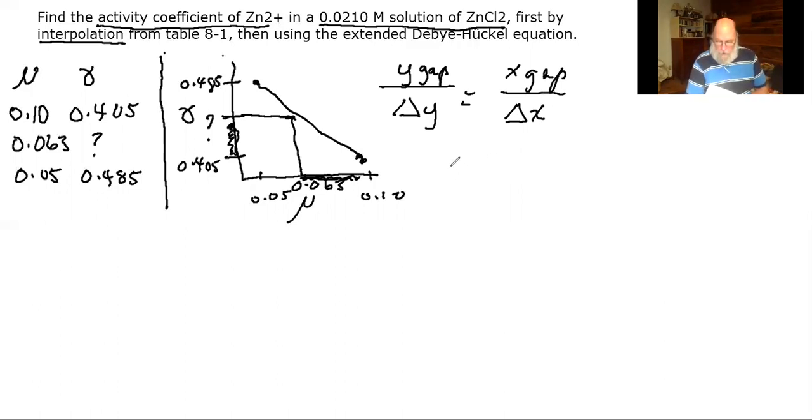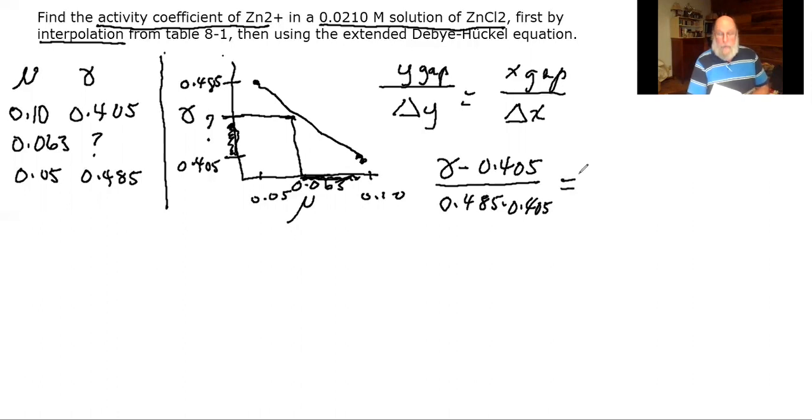Let's go ahead and write down, so we've got gamma minus 0.405 is to 0.485 minus 0.405. So there's our unknown gap divided by the span.